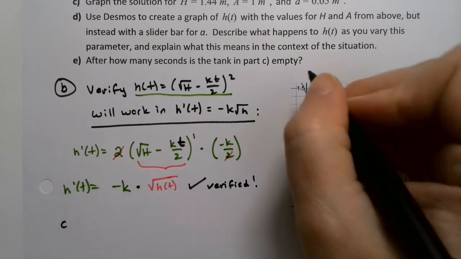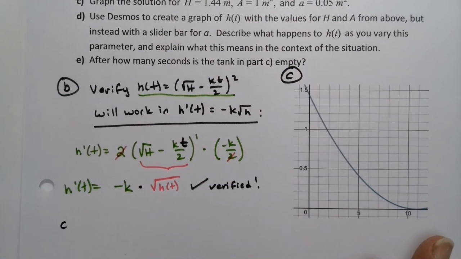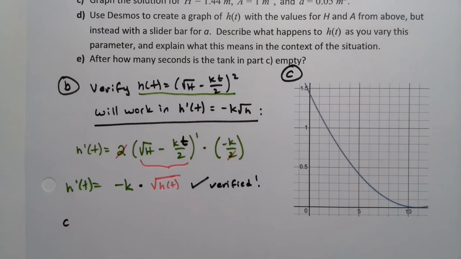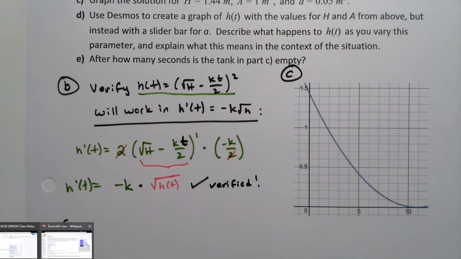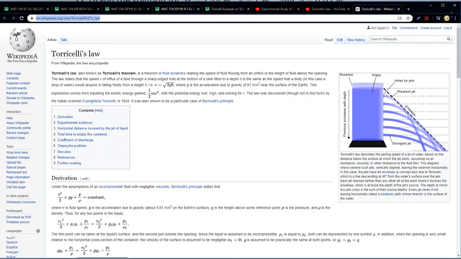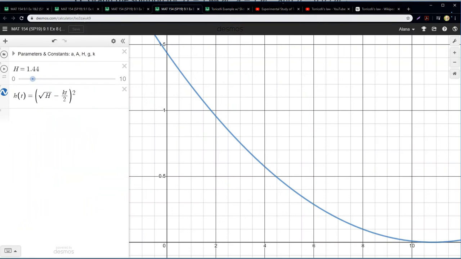All right, letter C. So let's graph the solution. Well, I really have it over here. And now I did this in Desmos. Of course, if you were doing this by hand, you'd have to go graph it in Desmos and then draw your example on the paper. But I drew it because I just thought it'd be easier. So I have our lovely example. And it says to graph the solution, and you can see that I did it with 1.44, and I had already put in constants.